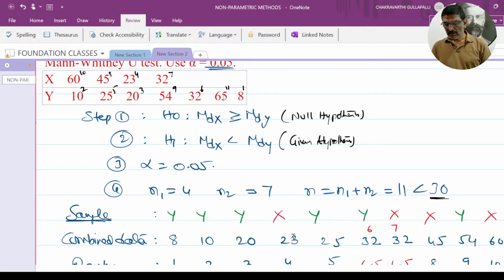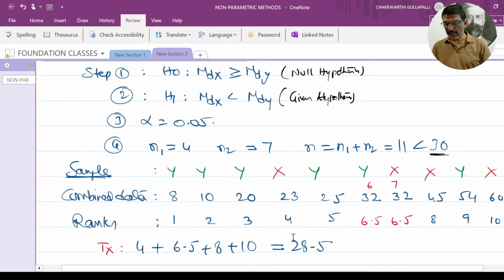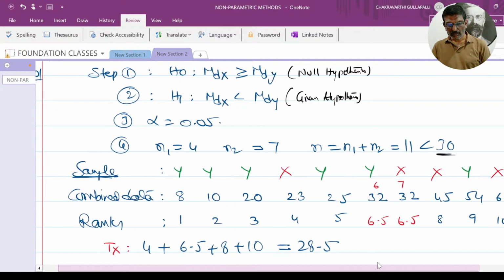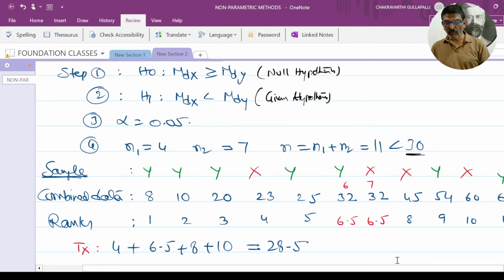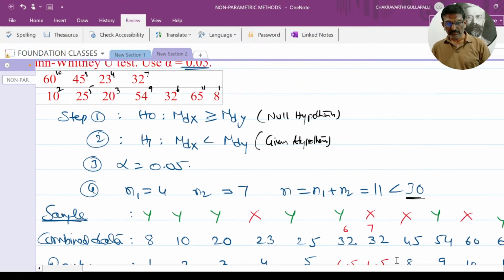First of all, you have to assign the order numbers. After that, you have to combine the sample data. The next ones are 45, 54, 54 belonging to the Y variable, 60, and finally Y is equal to 65.